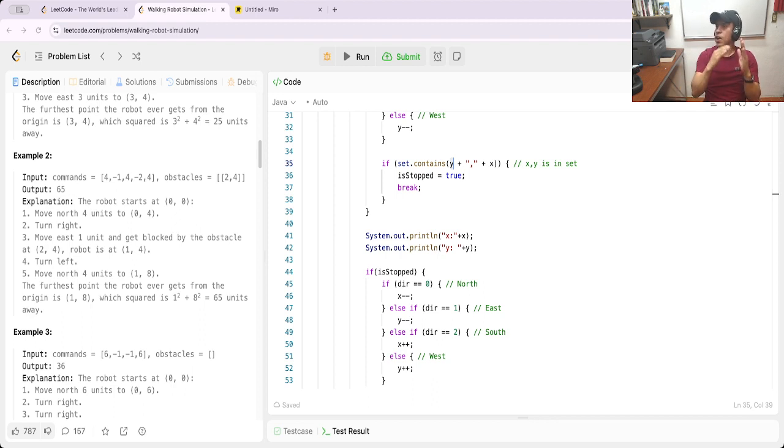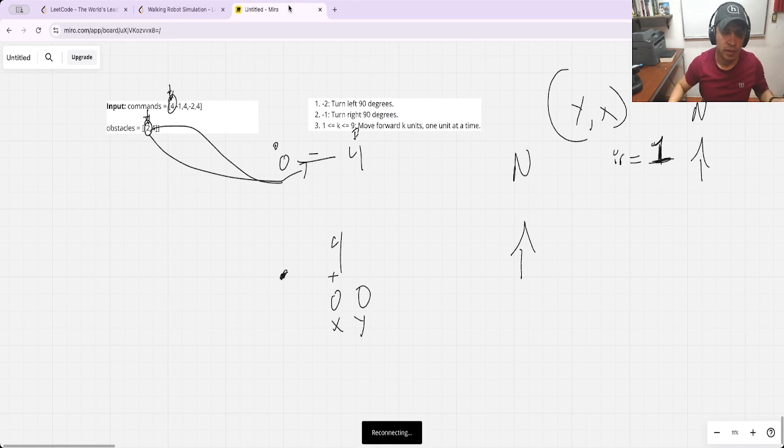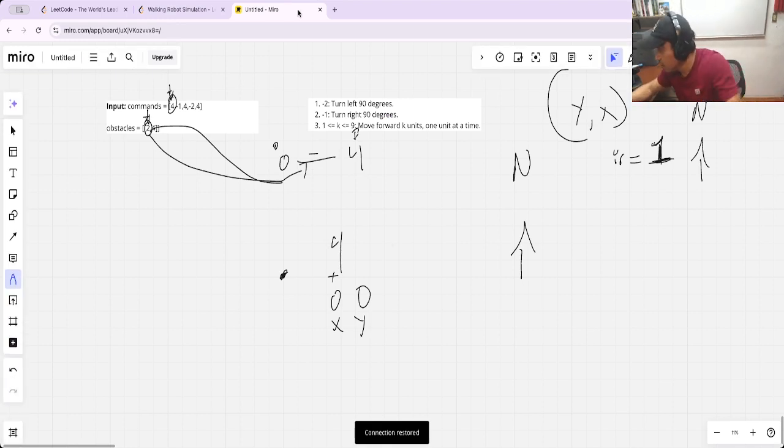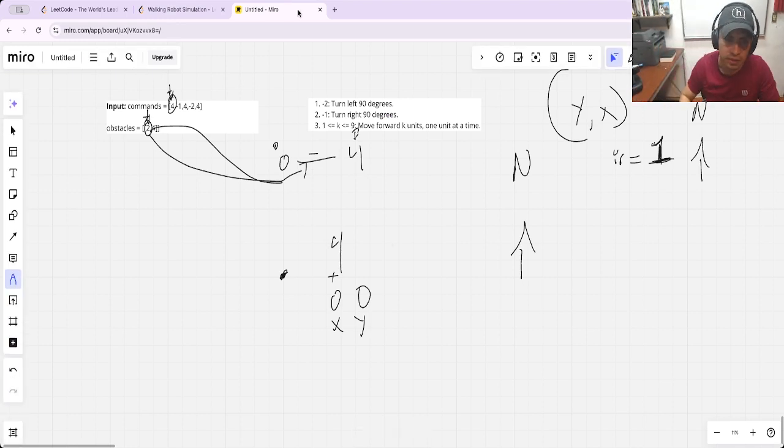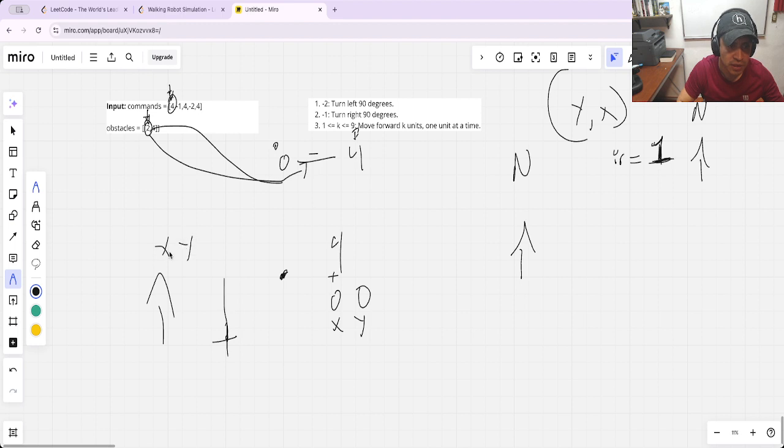Because, for example, you are at 0, 0. Yeah, for example, here, let me check. Here you are in this direction, and you start here, 0, 0, and you walk in y, xy.